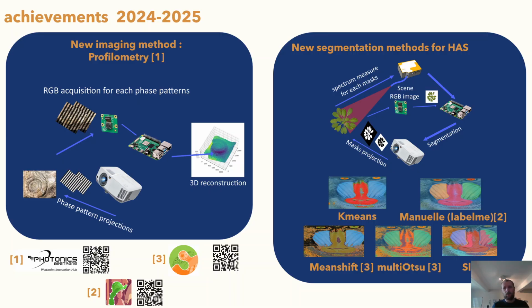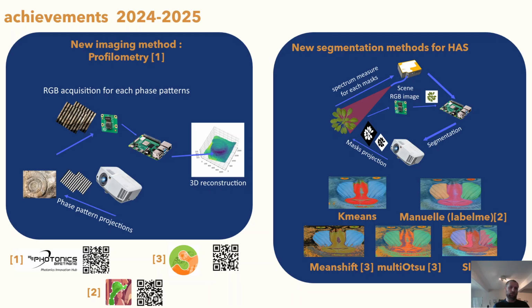So in the end, you have very low data acquisition because you have just an RGB image, masks, and some spectra for each of them. So it's very low data storage compared to, for example, a full hypercube.